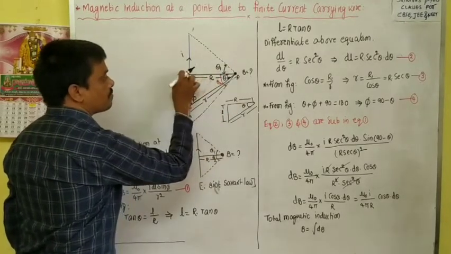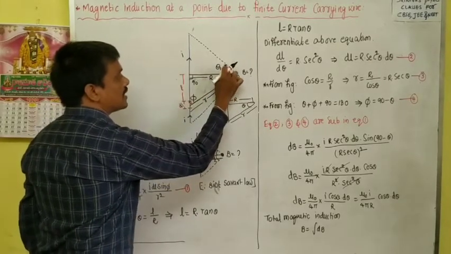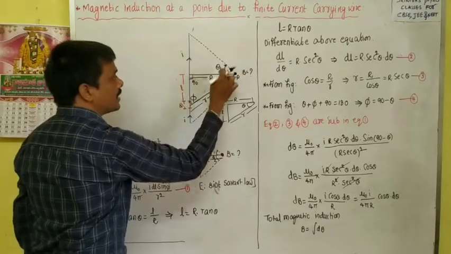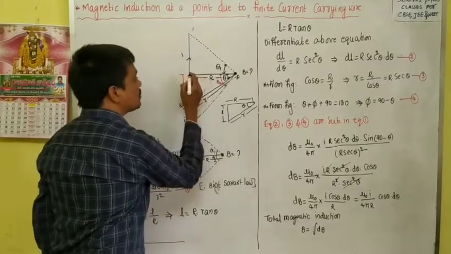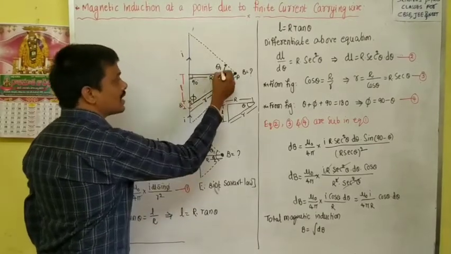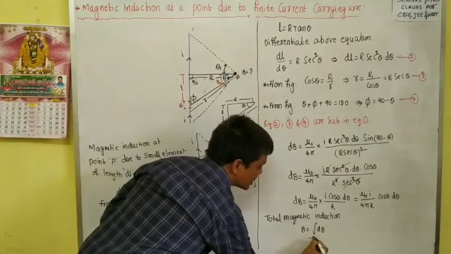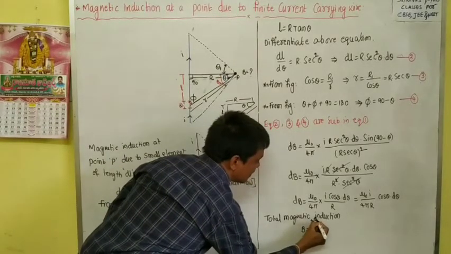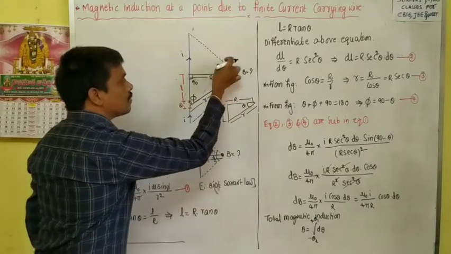From the perpendicular line, above this line the angle made by the wire is theta 1, and below this line it is theta 2. If this is taken as the origin, lower is taken as minus, upper as plus. Then we write the limits as minus theta 2 to plus theta 1. The lower one, this side below, is minus, above is plus.